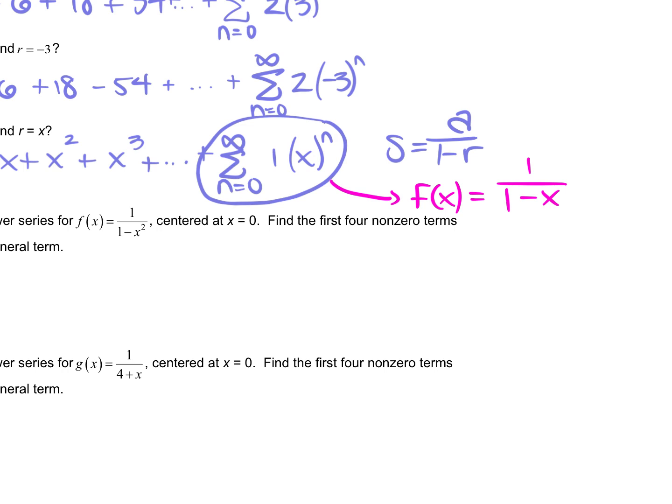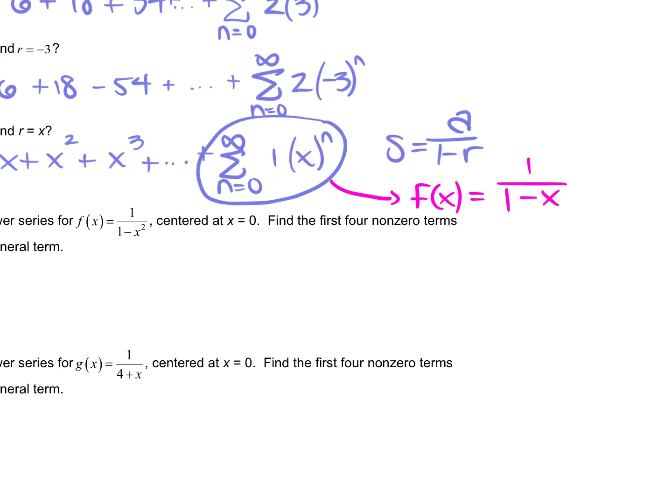Well, we just said this is one way of writing the sum. Another way of writing the sum is this. What's the a in this series? 1, over 1 minus r. What was my r? x.